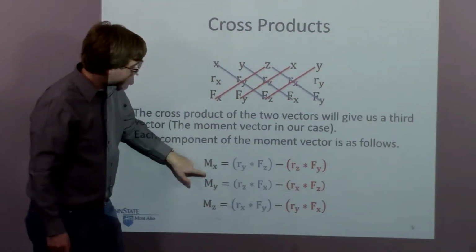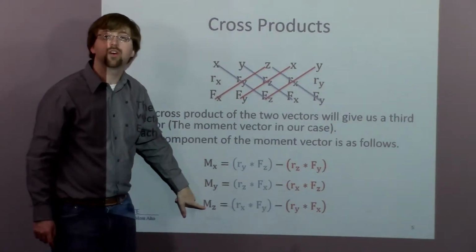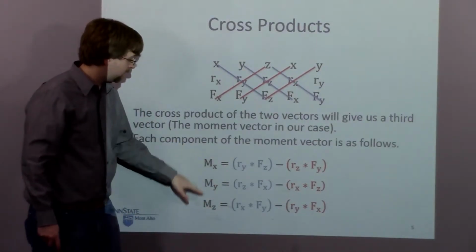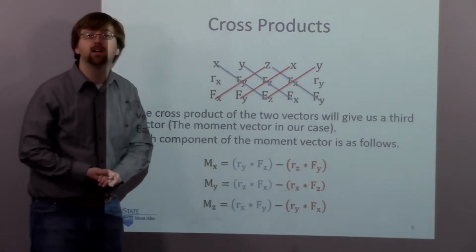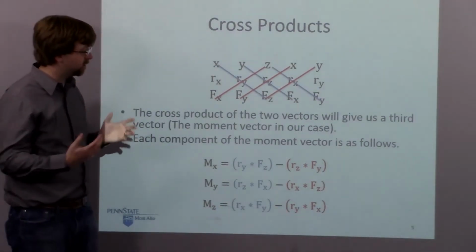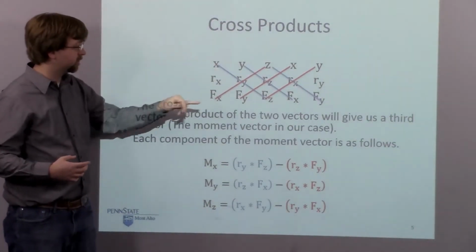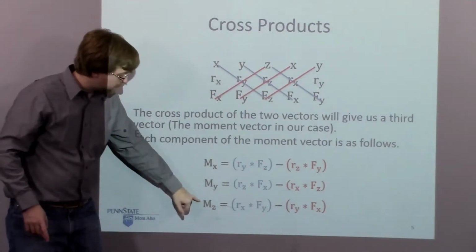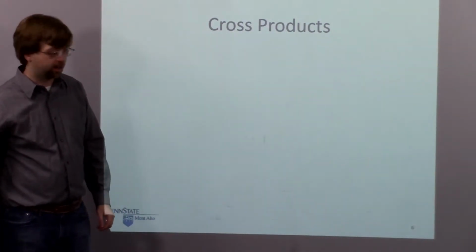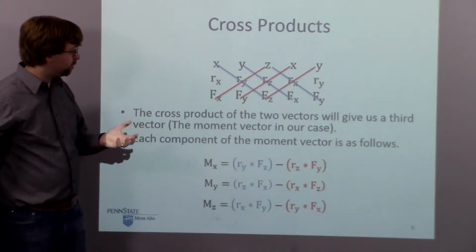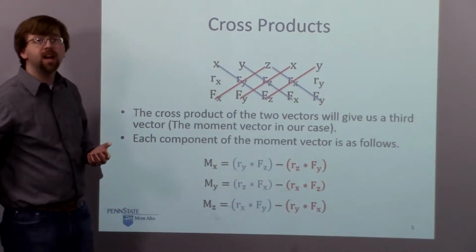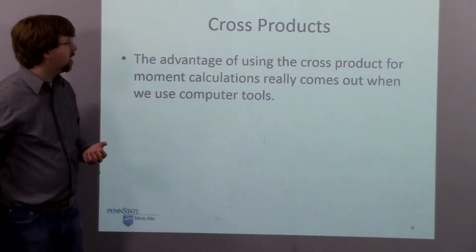So these are the x, y, and z components of my cross product here. Again, I've got a vector as my result. I had 3 components for R, 3 components for F, and now I have 3 components for my moment. This is the way to do it by hand.